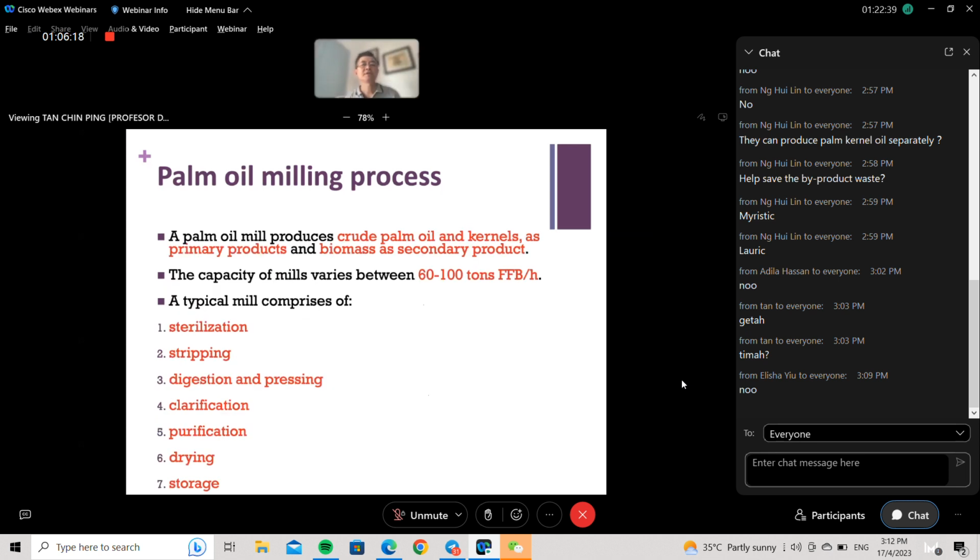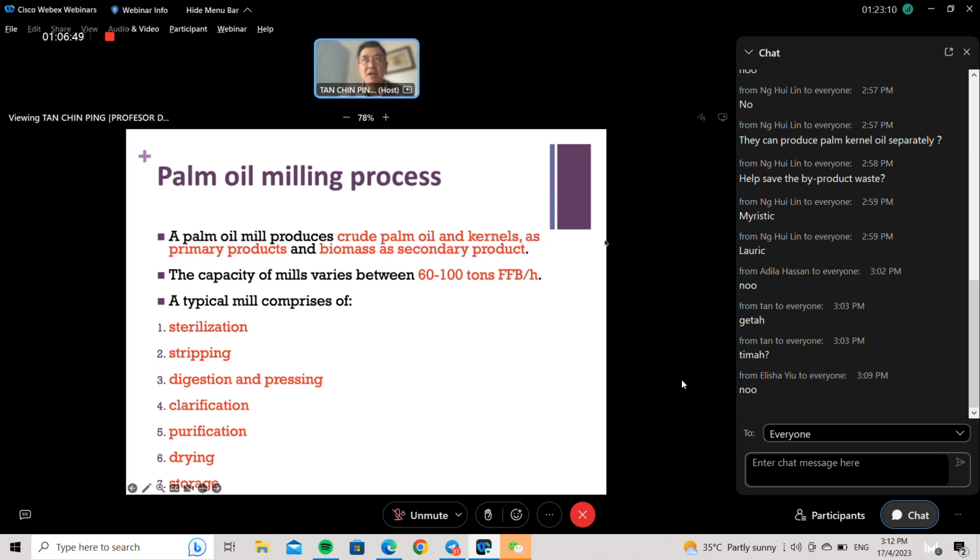Okay, so mills have a capacity varies about 60 to 100 tons per hour. That is actually a big volume. So if a mill's running about 8 hours, only one shift, so in a day, a mill can swallow about 800 tons of FFB.